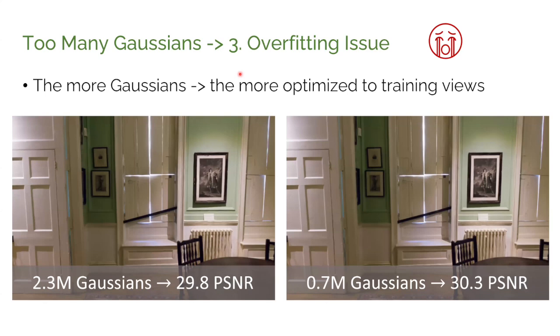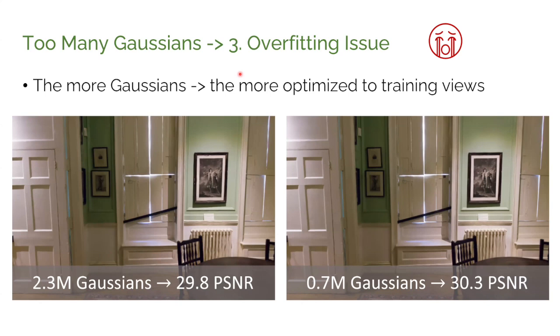And another issue I think is also very important is the overfitting issue. So 3D Gaussian splatting is basically an optimization process. And if you have more Gaussians, that means there are more parameters that you need to train. So it's likely that you overfit the training views, but the goal is to render novel views.